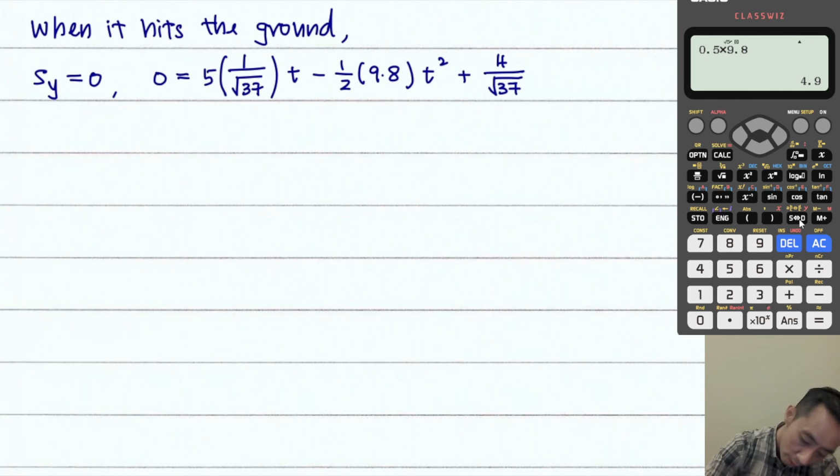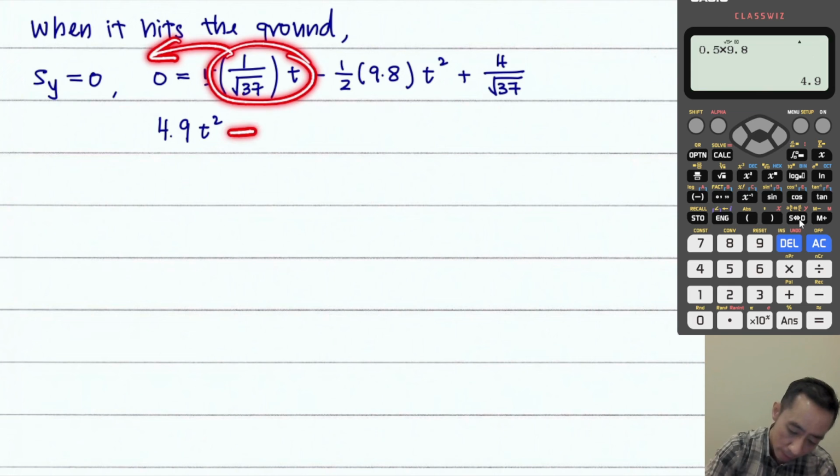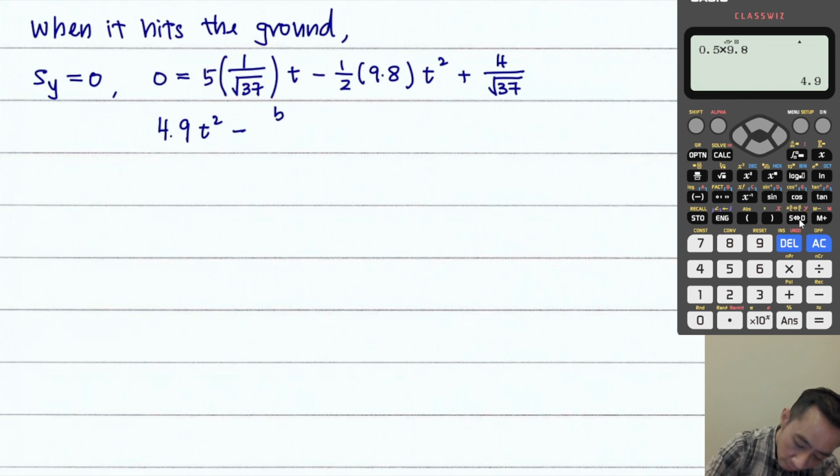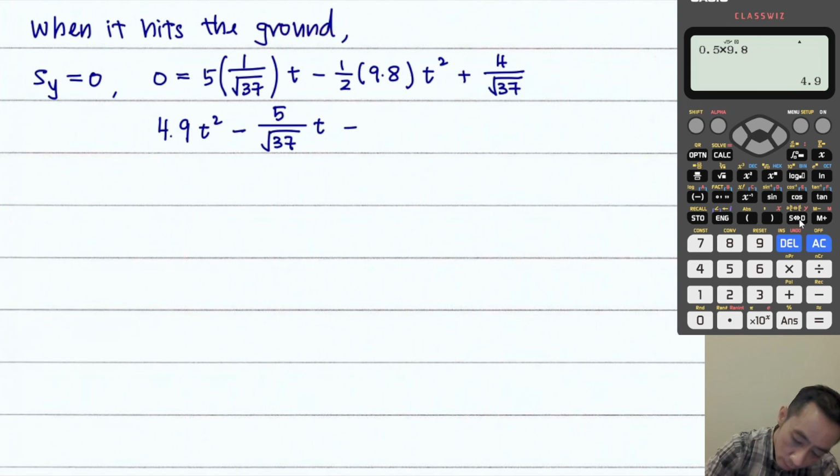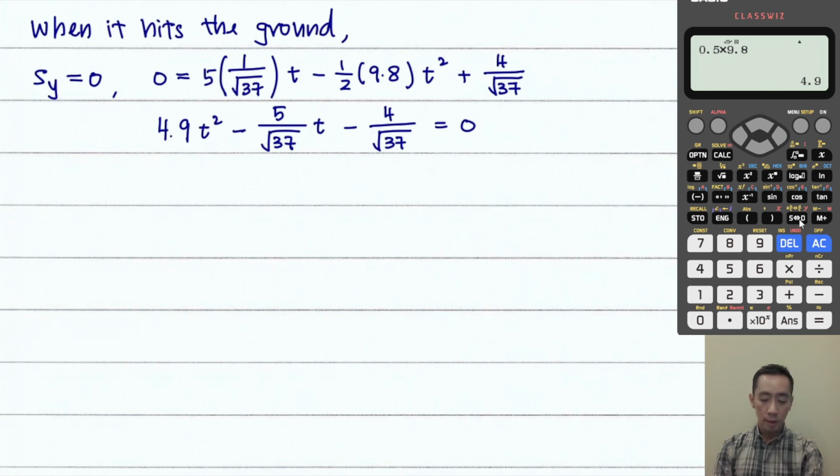So 4.9 t squared, then for this one I bring over to the left, it becomes minus 5 over square root of 37 t. Then this I bring over, becoming minus 4 over square root of 37 equals 0. For these quadratic equations, no matter how you simplify it, it still looks very complicated because the numbers are not very nice.